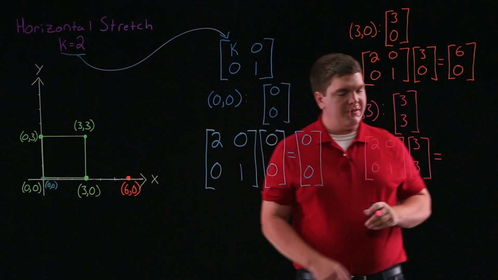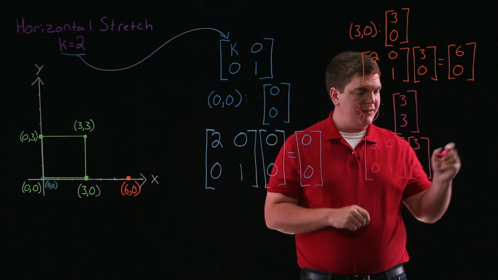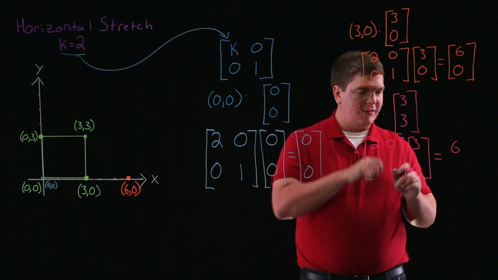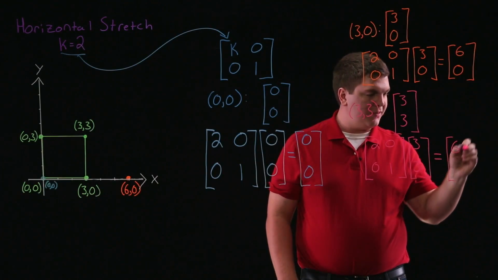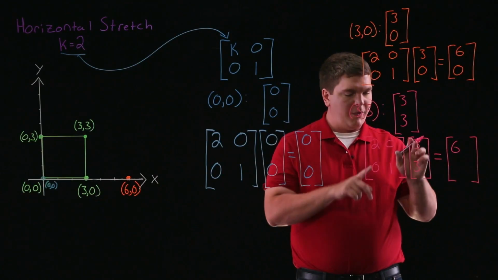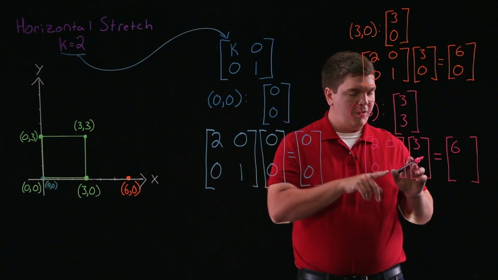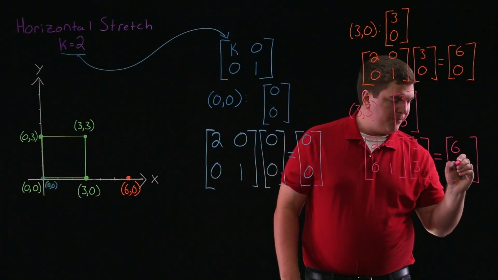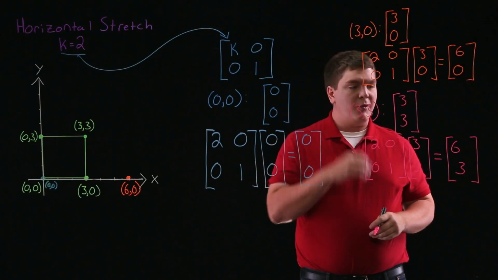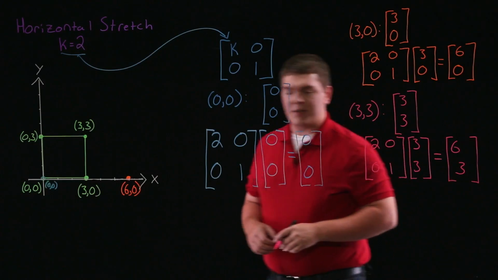This is equal to 2 times 3, which is 6, plus 0 times 3. So our first row is 6. In the second row, we have 0 times 3, which is 0, plus 1 times 3, which is 3. So this point gets moved to the point 6, 3.